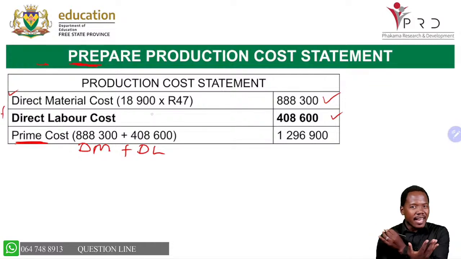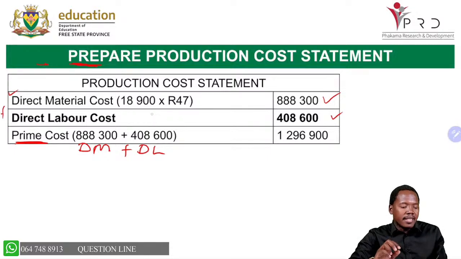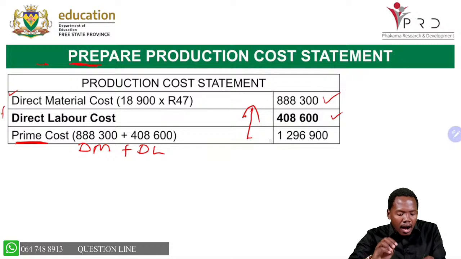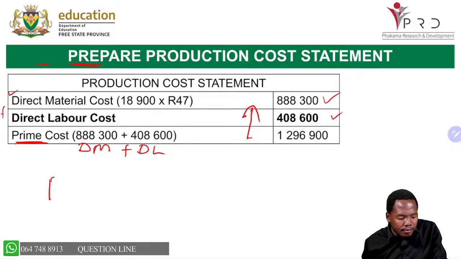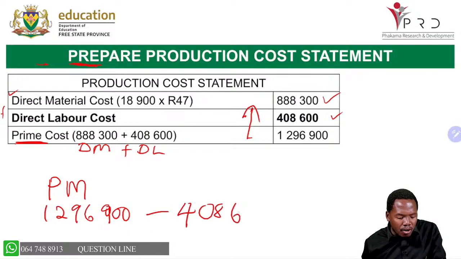Now, we can decide to twist it around and say, how do I get my direct material cost if I'm not given the direct material, if I'm only given the direct labor and the prime cost? Remember, if I'm going up, I would say 1 million, which is my prime cost, 1,296,900, and then minus my direct labor cost.